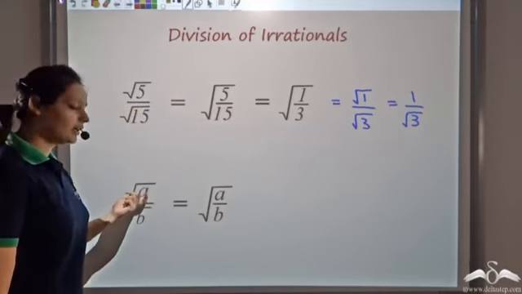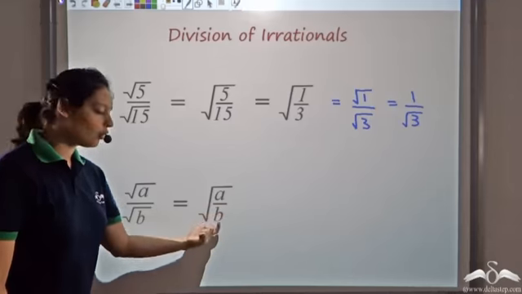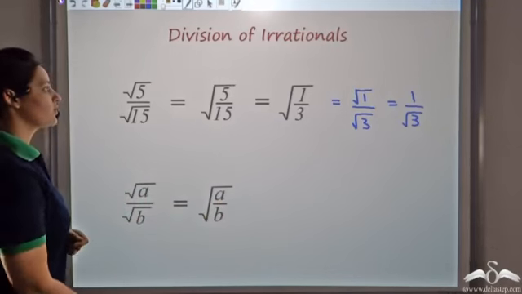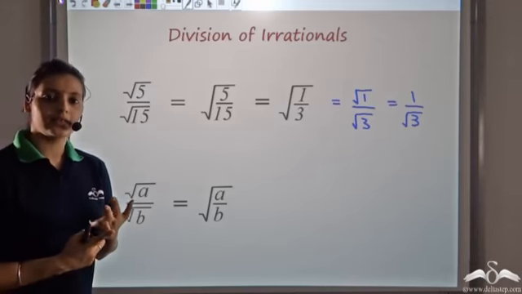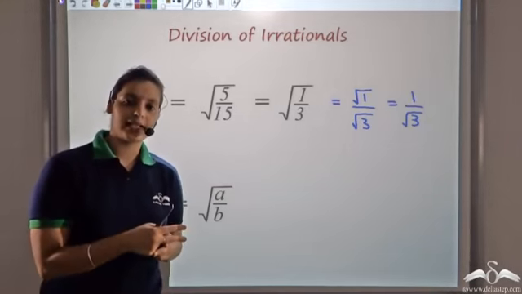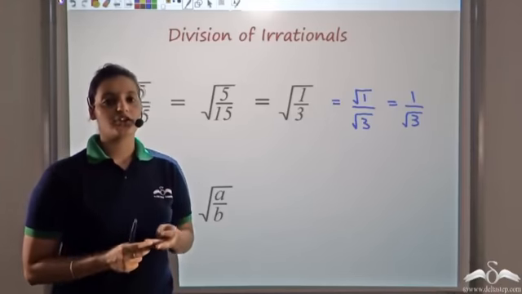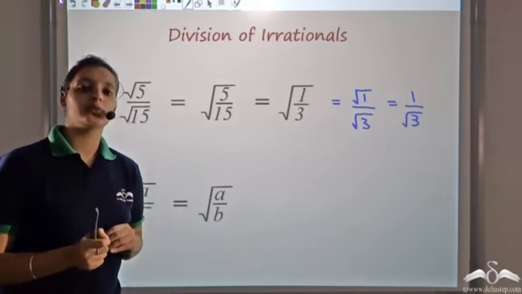So under root a divided by under root b would be a by b whole under the root. So this is how we can add, subtract, multiply and divide irrational numbers. Remember that addition and subtraction do not work like integers, but for multiplication and division, it is almost similar to integers, but remember to put the under root sign.